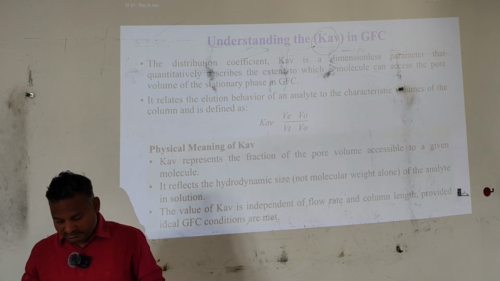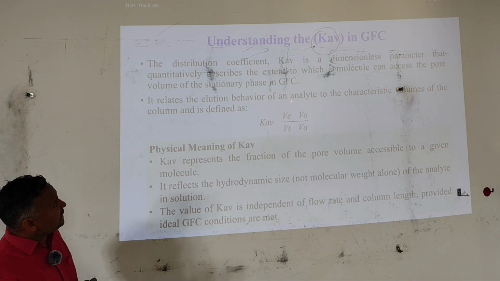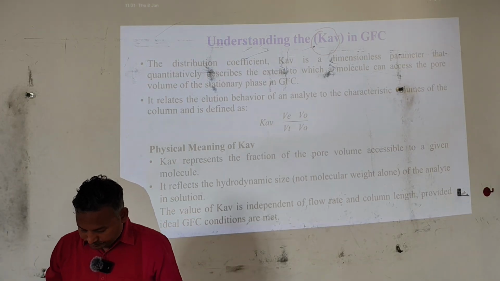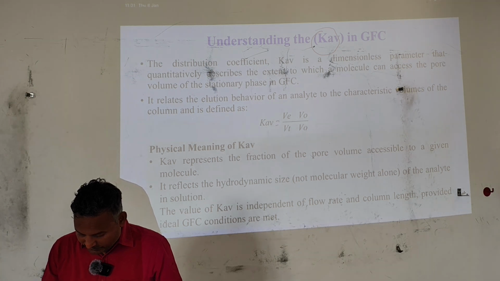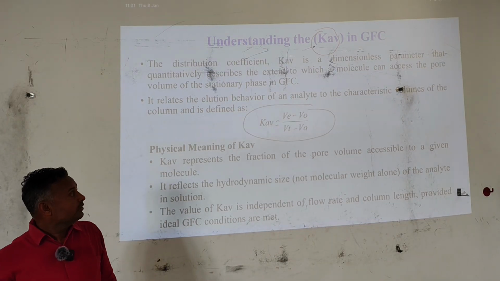So, is it clear? Right. It relates the elution behavior of the analyte to the characteristic volumes of the column and is defined like this: KAV is equal to (VE minus V0) divided by (VT minus V0). This is the calculation of the distribution constant.